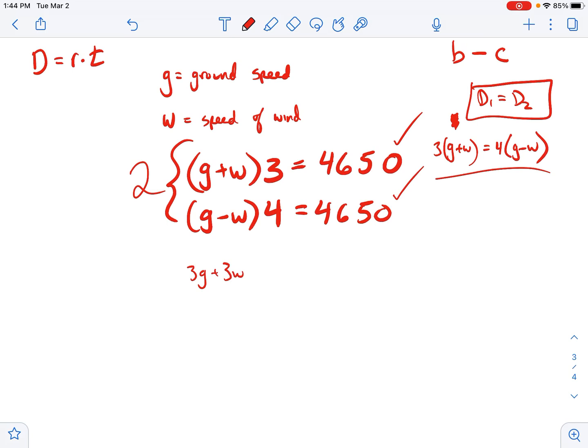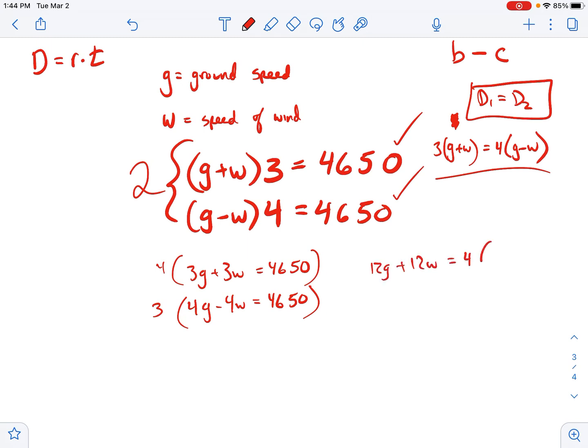So I could do substitution, I could do determinants, I could do linear combination. I think I'm going to opt for linear combination, so I'll multiply this by 4, multiply this by 3, I'll get 12G plus 12W equals 4 times 4,650, then 12G minus 12W equals 3 times 4,650.